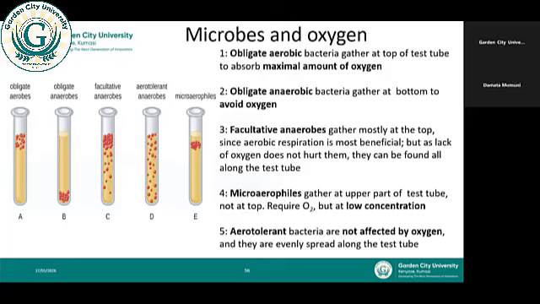Okay, thank you. So the facultative anaerobes can live both with or without oxygen, but they are good to go with oxygen. If you provide these options, they will go to the aerobic part, but those that go to the anaerobic part will survive.